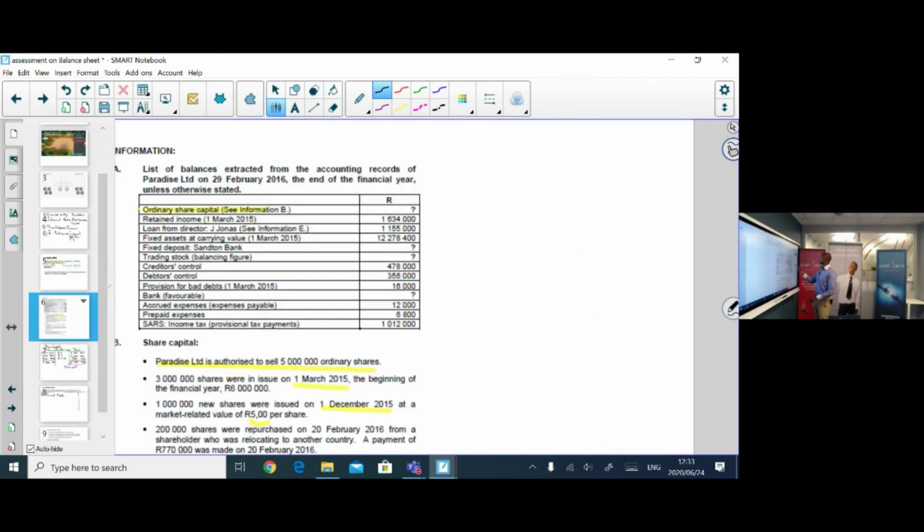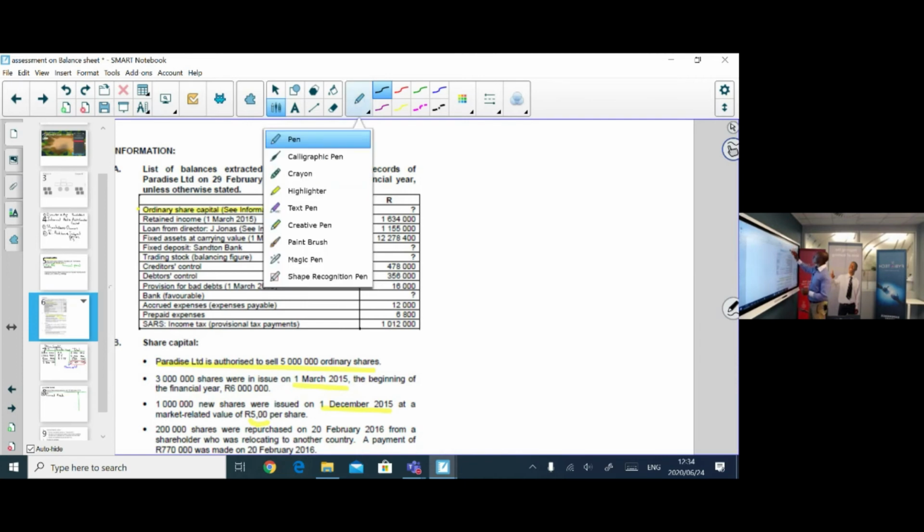We've got fixed assets at the carrying value of 12,778,400. And also we've got what? How many non-current assets do we have?